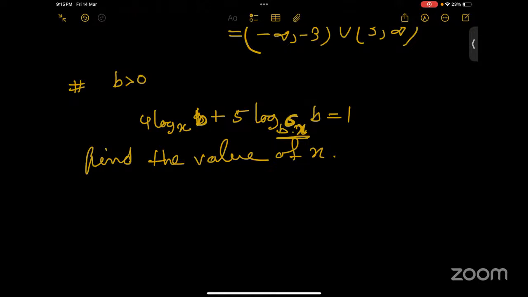So what hint I can give you, you can use the change of base formula, but take the base as b. I took base as ln. Okay, so if you take the base of b, then you can cancel some terms out. This is the hint.